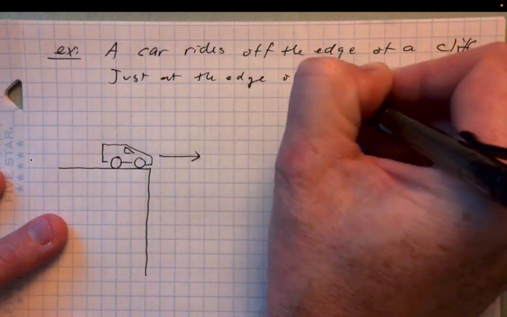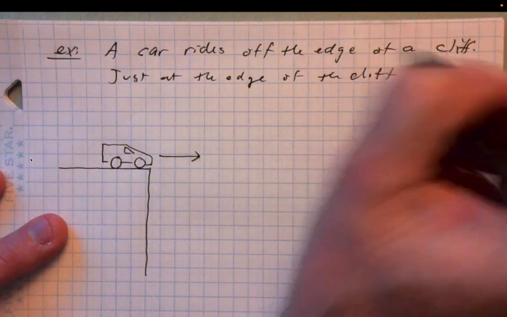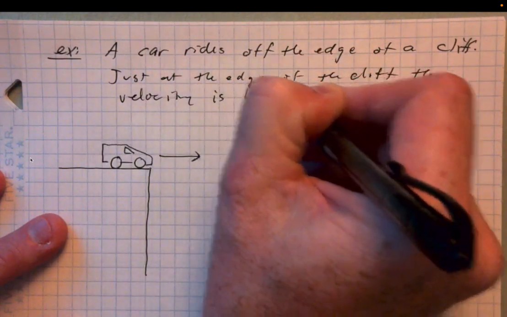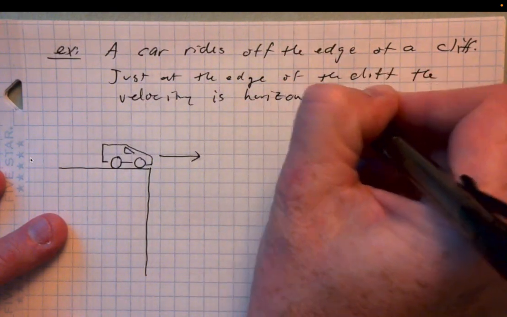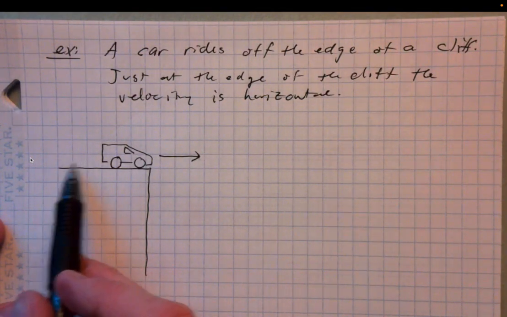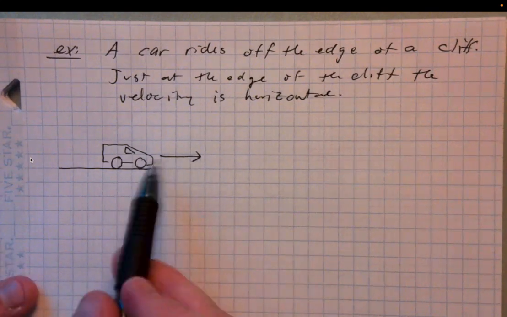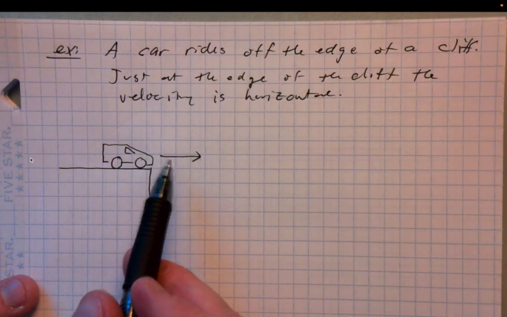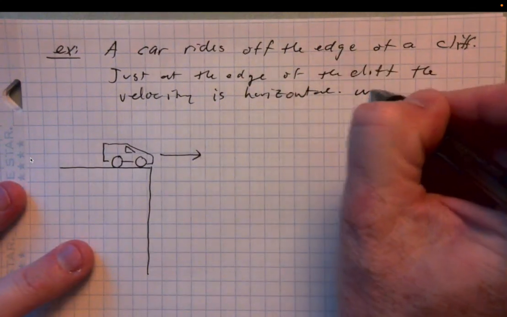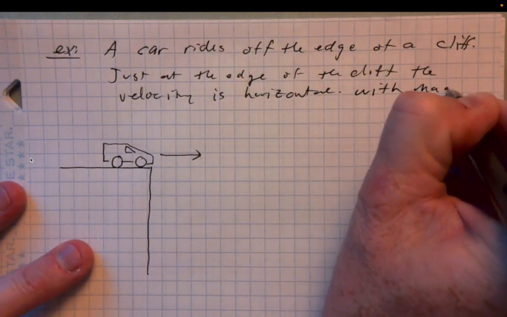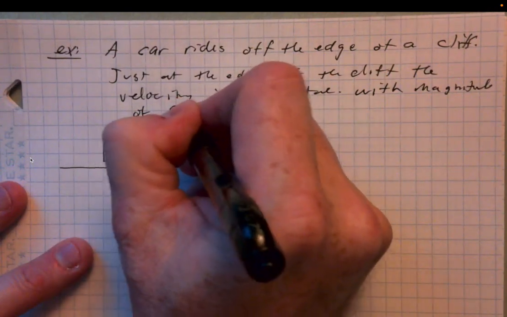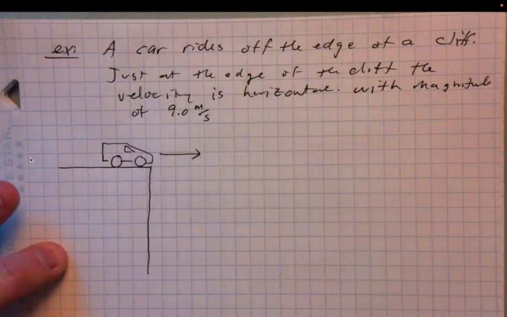Certainly the velocity does not have a y component if the car is literally just driving in a straight line. And then let's put a magnitude on there of 9.0 meters per second.